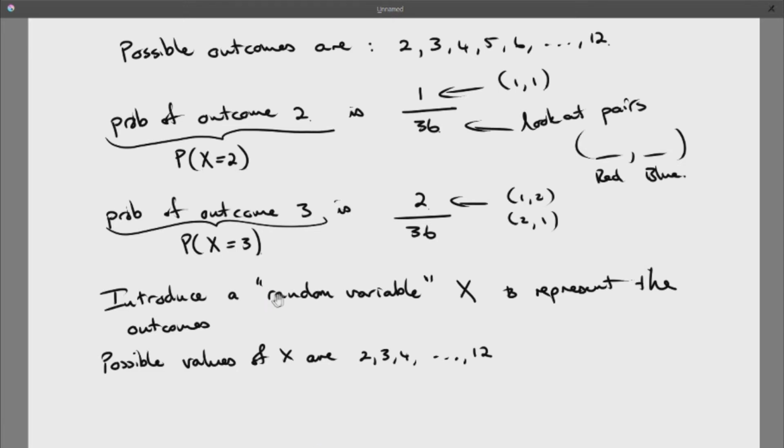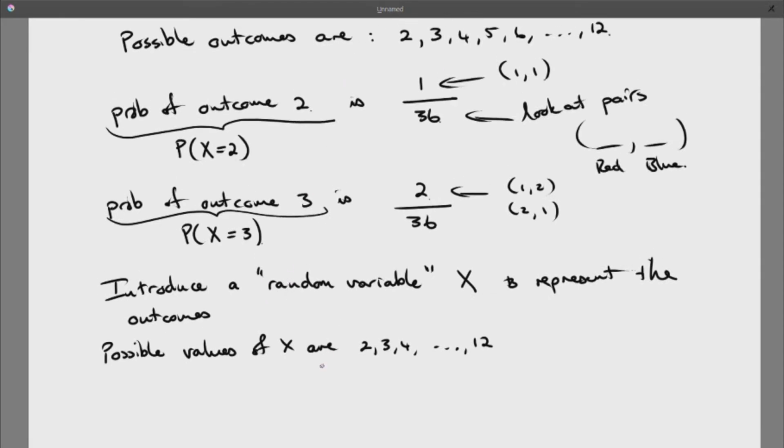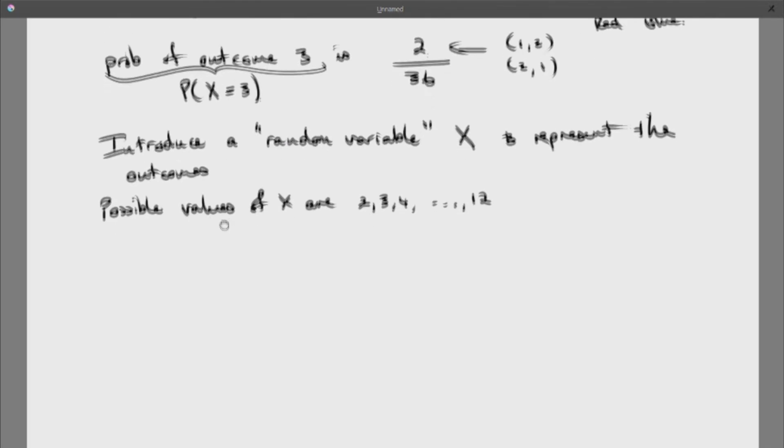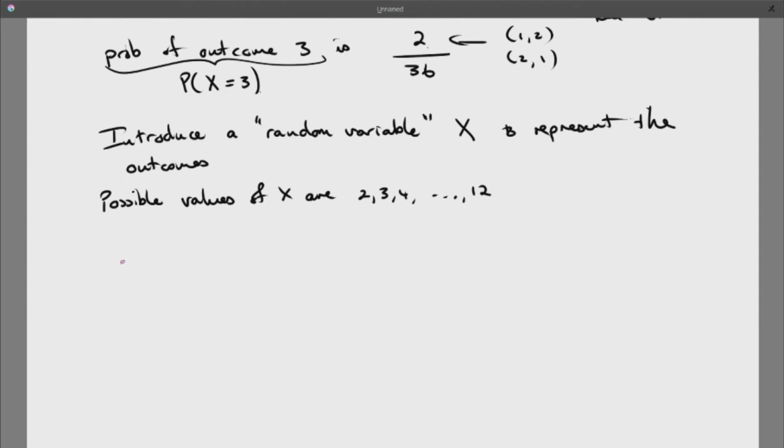I'm not going to list all of them because there's a fair number of them. Let's, for example, look at the probability of X equaling, let's go with 10. Each one of them will have a probability. Let's just pick one. We don't have to do them all.